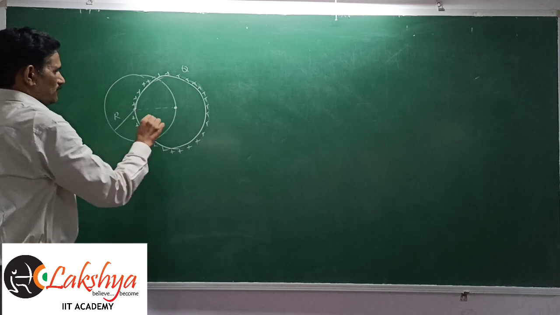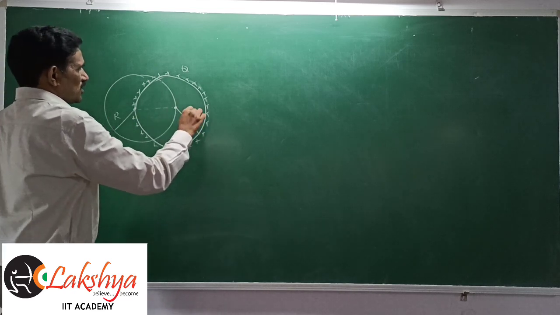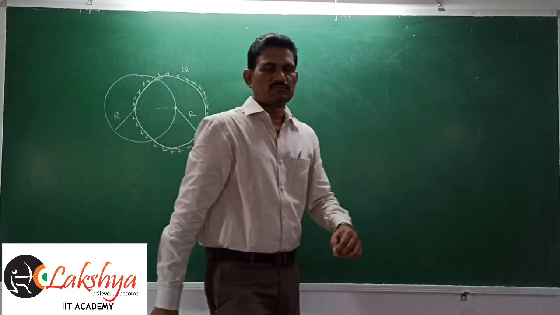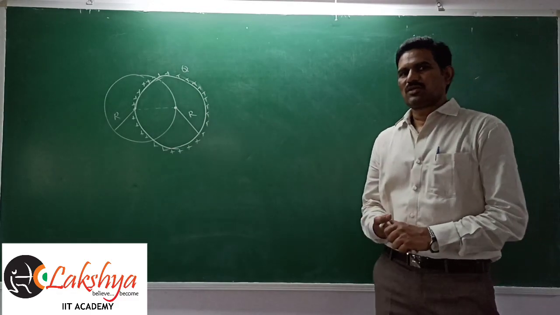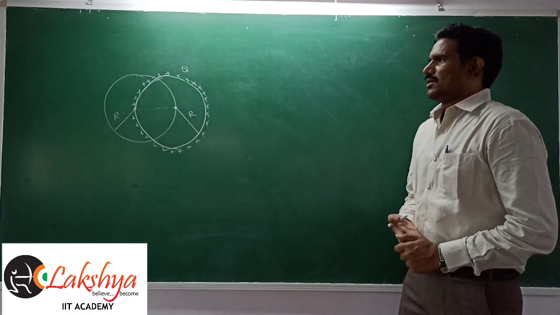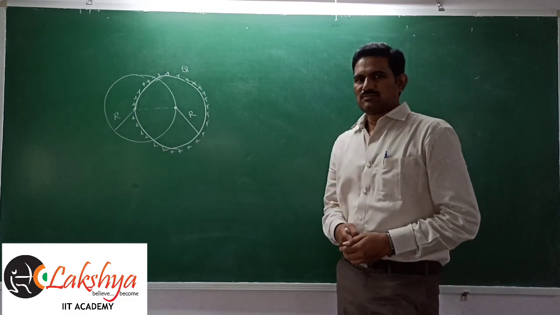A charge Q is distributed uniformly on a circular ring of radius r.